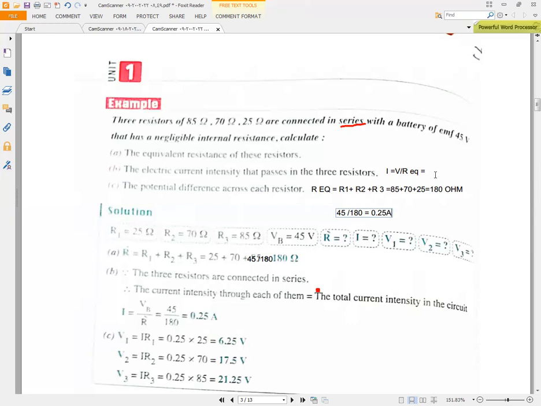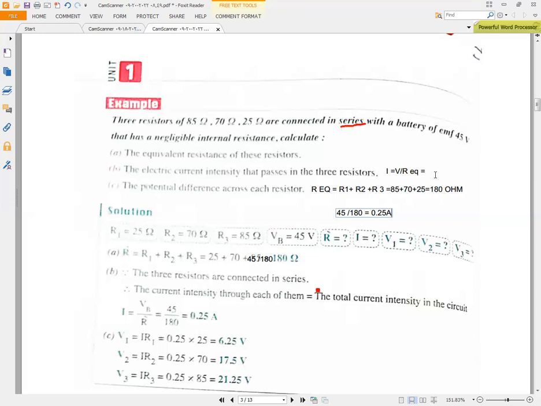The potential difference of each resistor equals I times R. Do they have the same value? No, they are different. So V1 equals a quarter times 85, V2 equals a quarter times 70, V3 equals a quarter times 25 to get the values.